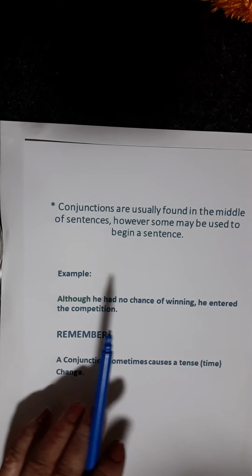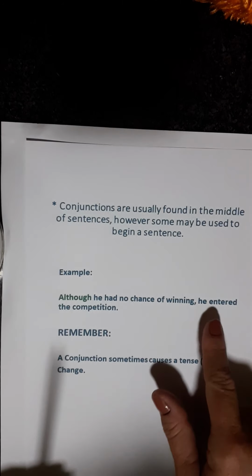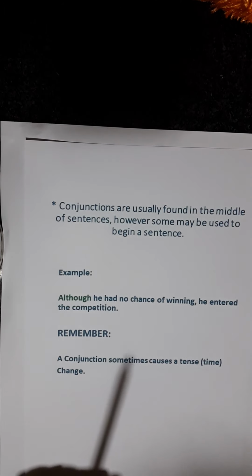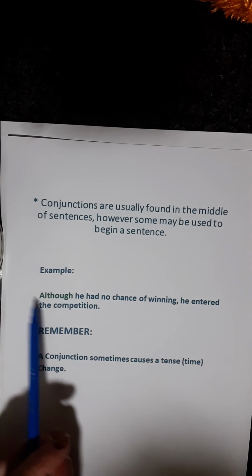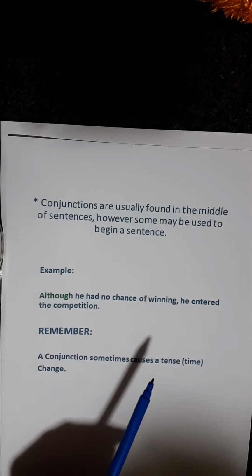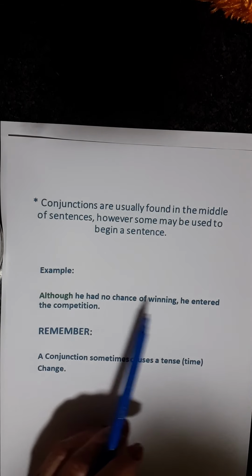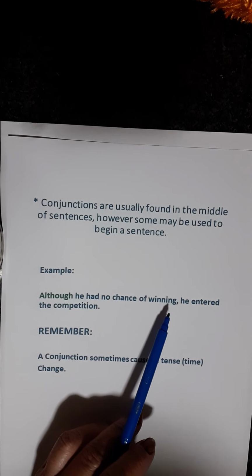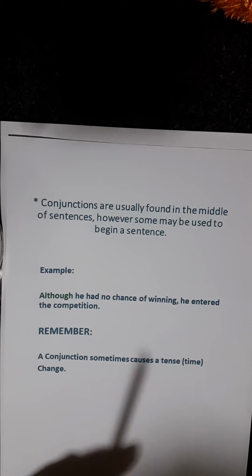Your sentences were: he had no chance of winning and he entered the competition. You will join the two, conjunct them, using the word although. But you can't really put it there, so we start with it. Although he had no chance of winning, comma, he entered the competition.